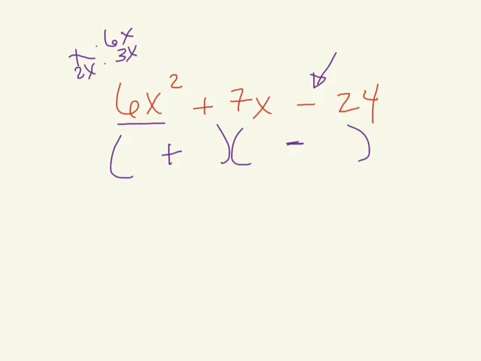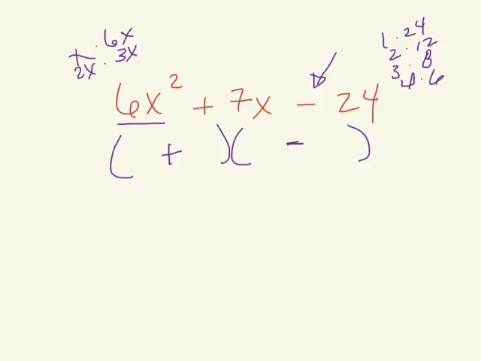That gives you 6x squared. Let's factor C. This is 1 times 24, 2 times 12, 3 times 8, 4 times 6. Okay, we're done with that. Now, signs are different. We have to find a combination of factors of 6x right here times factors of 24 right here that give you, since the signs are different, a difference of 7.